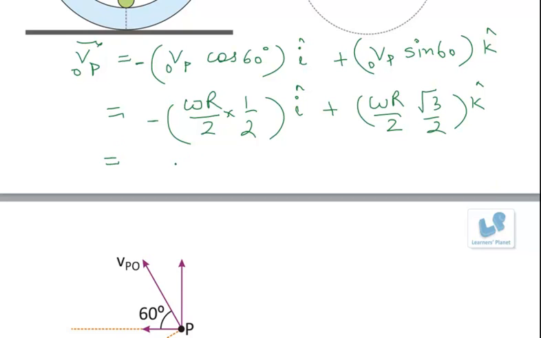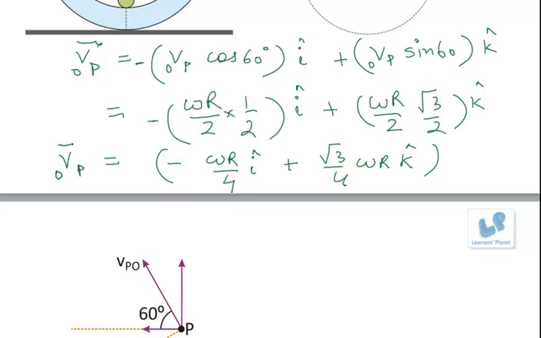So the speed is minus omega r by 4 i cap plus root 3 by 4 omega r k cap. This is the velocity of point P with respect to O.